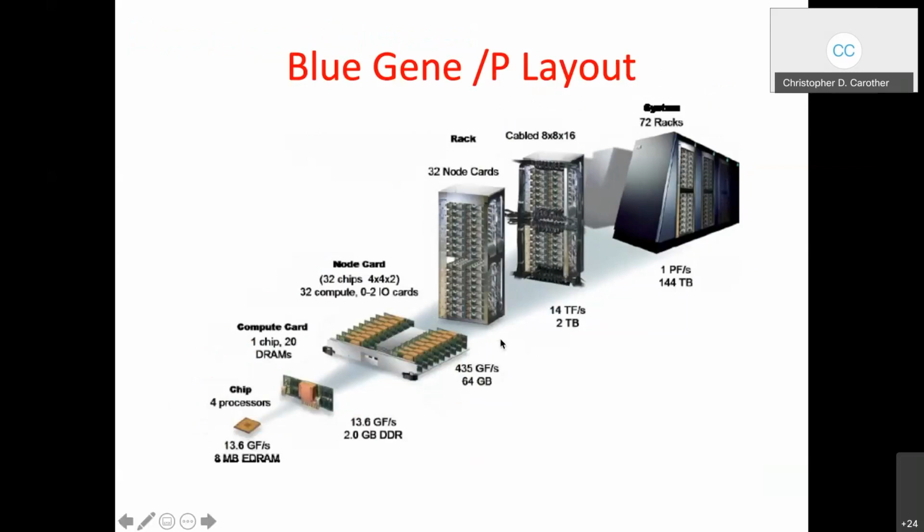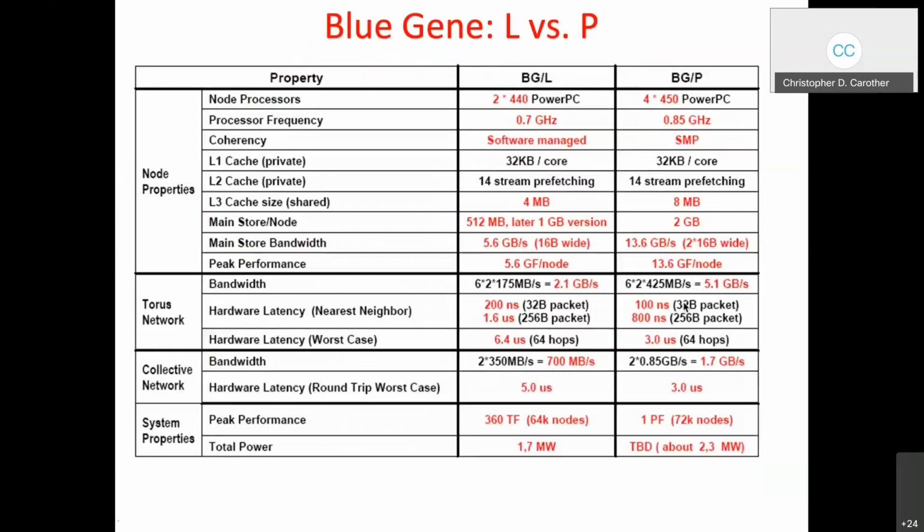And again, one of the big things that made these systems really just impressive is the actual collective network capability. So if you're doing any sort of MPI all reduce, or any all-to-all operations, any of those collective operations, you could do a collective across the whole system in just a few microseconds.